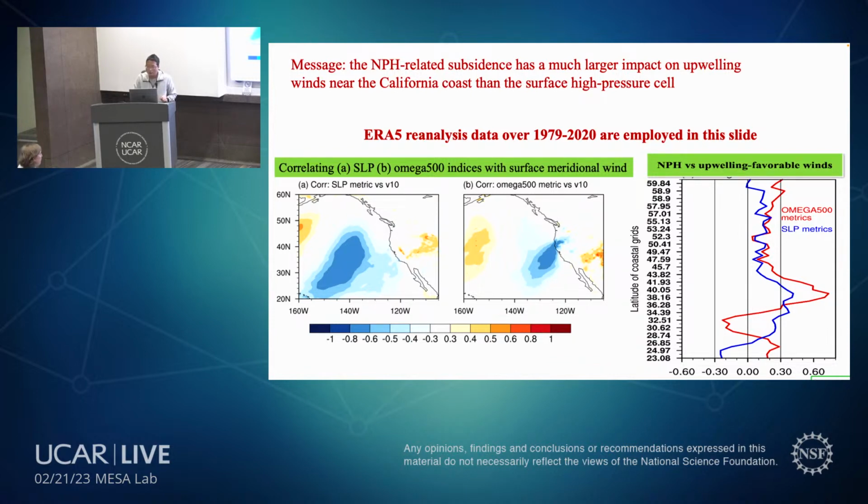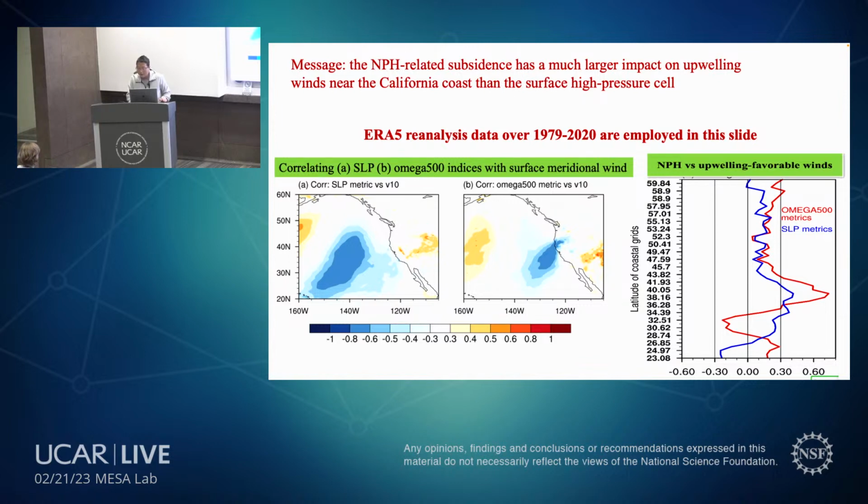We then correlate the upwelling favorable alongshore wind stress with the two indices. The x-axis shows the correlation values. Again, the surface high pressure cell is only weakly correlated with the upwelling favorable alongshore wind stress, which is the blue line, and the correlation is about 0.3 or below.